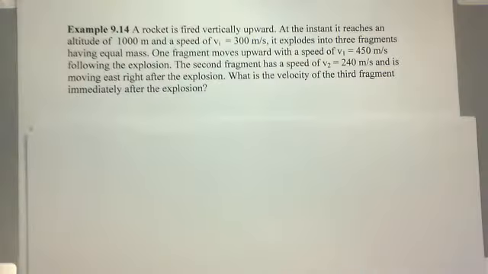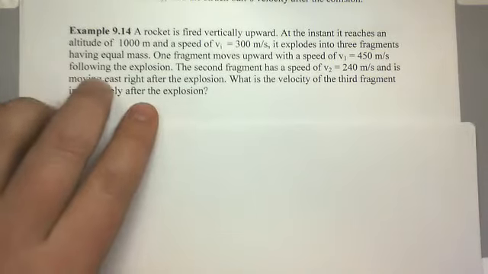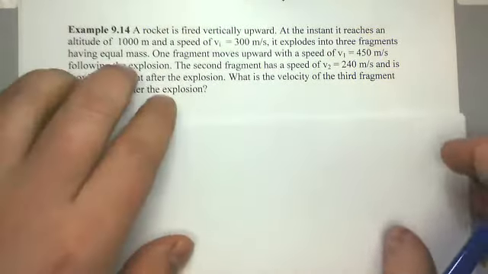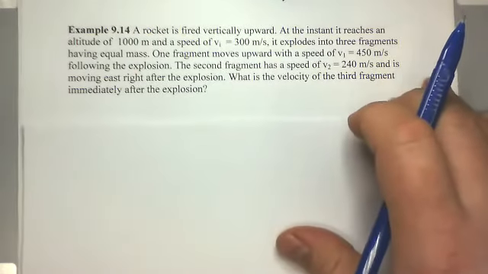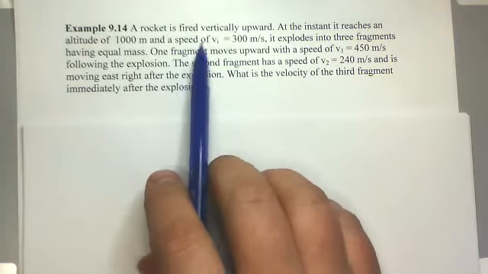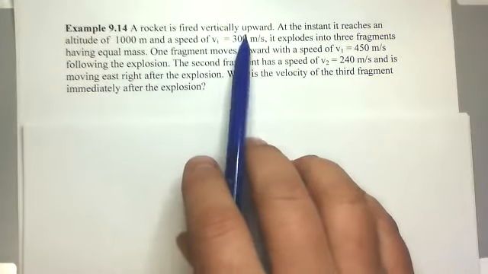Let's move forward. Let's solve a problem with an explosion. And in this problem, I will show you how to solve the previous problem more easily. So the problem is as follows. A rocket is fired vertically upward.